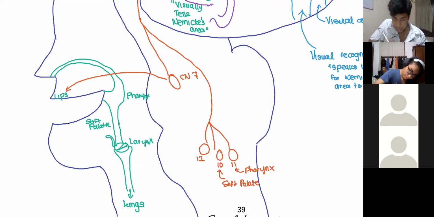You haven't learned this yet, but I need you to remember cranial nerve 12 is found medial to cranial nerves 10 and 11. Draw it below; it doesn't matter, but it is below these things, and it is medial.